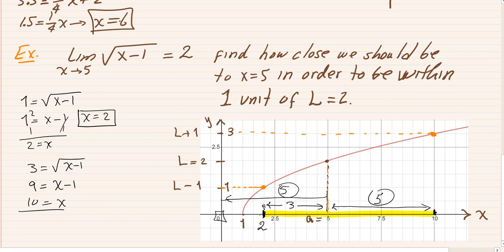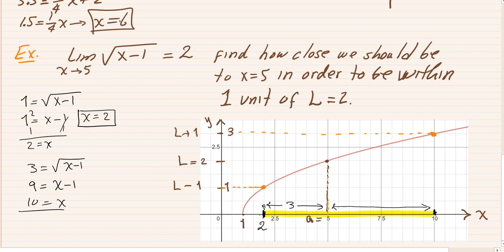Now when x is 0, notice for one thing the function isn't defined in there. And that's clearly going to put me outside of my lower tolerance, which is L minus 1. Now if I go with the smaller number, let me erase these.